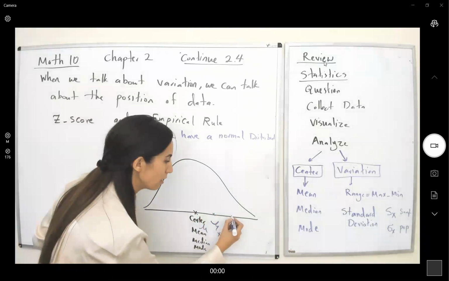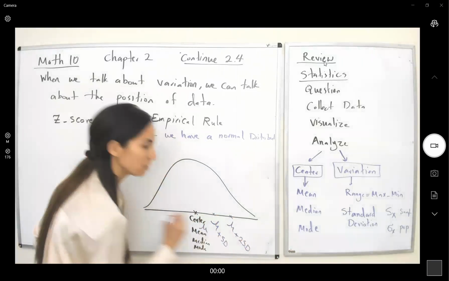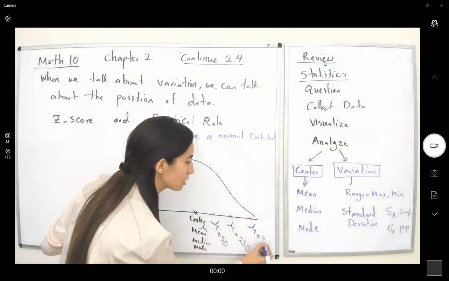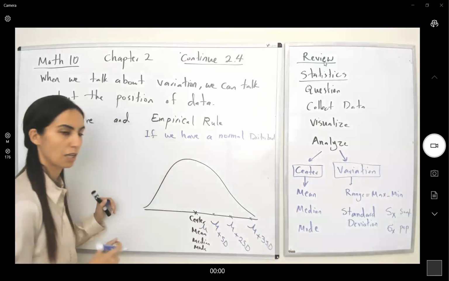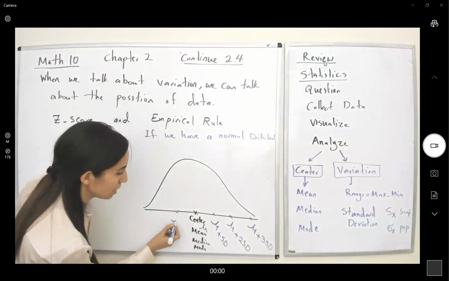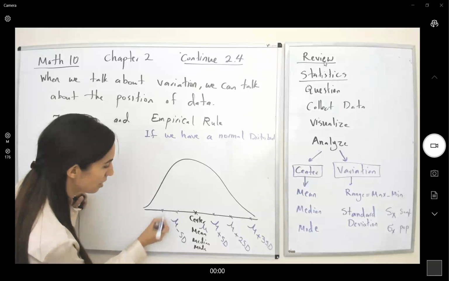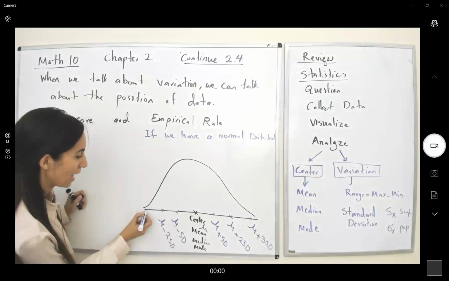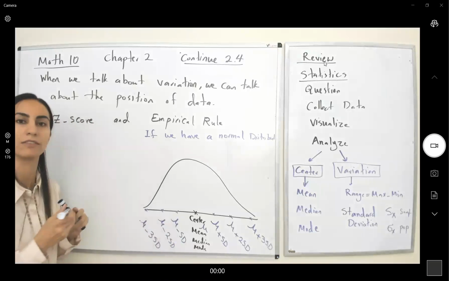The next scale is mu plus 2 standard deviations and mu plus 3 standard deviations. On the left-hand side, we can do the subtraction: mean minus 1 standard deviation, mean minus 2 standard deviations, and mean minus 3 standard deviations.